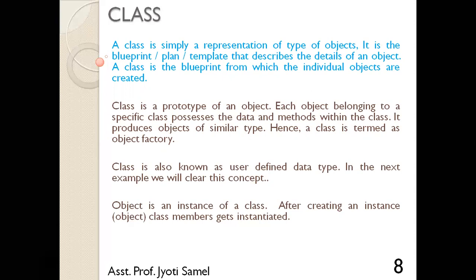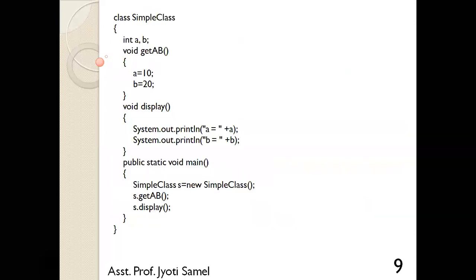An object is an instance of a class. Why do we say an object is an instance of a class? Because when we create an object, at that time the members of a class get instantiated. Let's see the example. Here our class name is SimpleClass.